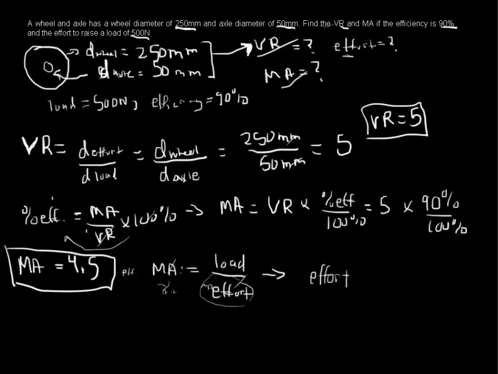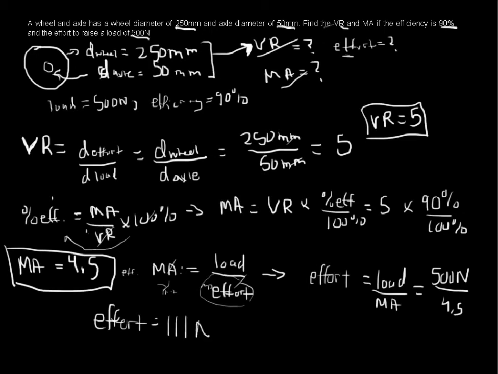Or if you have your own way of doing it, like cross multiplying, that works too. Effort is load over mechanical advantage. The load is 500 newtons, mechanical advantage is 4.5, so our effort is 111 newtons. And we have everything we need: velocity ratio, mechanical advantage, percent efficiency, and effort.